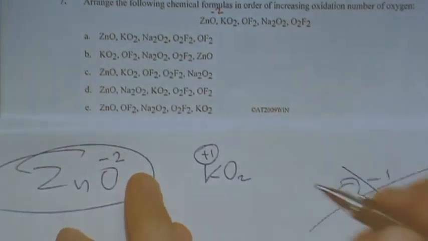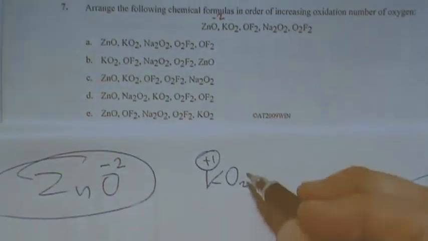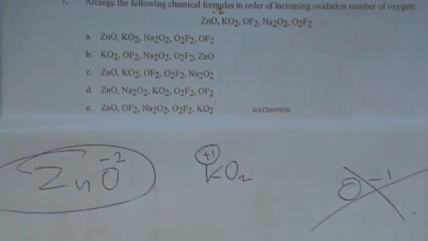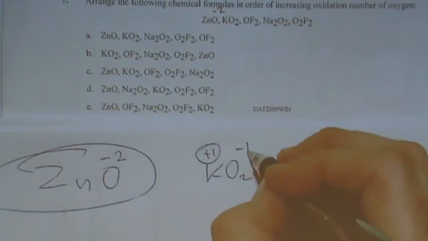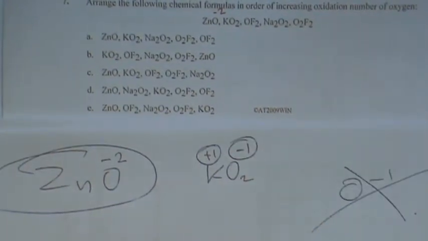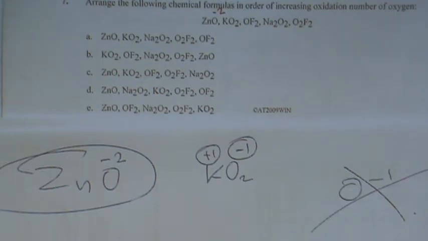And so O2 will have what charge? What's the charge of O2 here? Minus 1. Minus 1 is the charge. So what's the oxidation number of oxygen? Which will be an average oxidation number, because we are averaging the oxidation numbers of 2 oxygens. So what's the oxidation number of oxygen there?